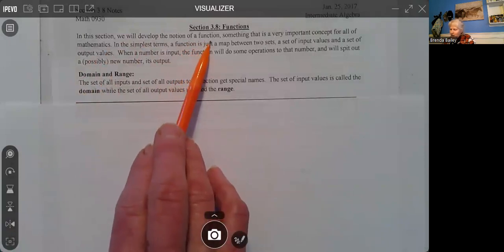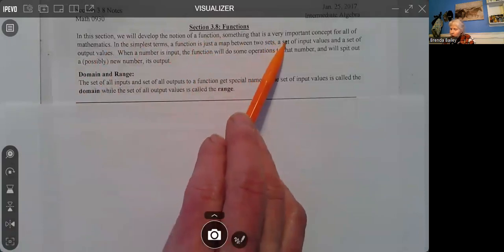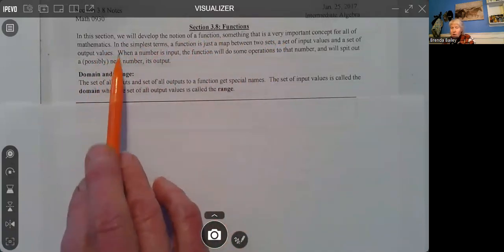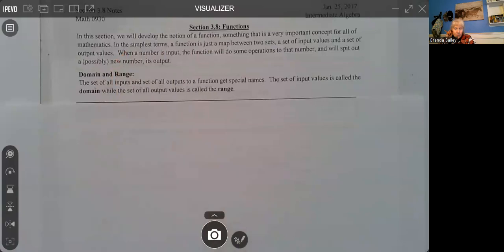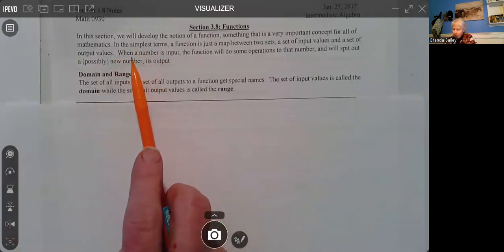I think I said notation, but I like that too. It's a very important concept for all of mathematics, especially upper level mathematics. We use functions in calculus. It has to be a function in order for you to find the derivative and find the integral. So functions are important in your upper level math, whether it's business calc or whichever one you take.